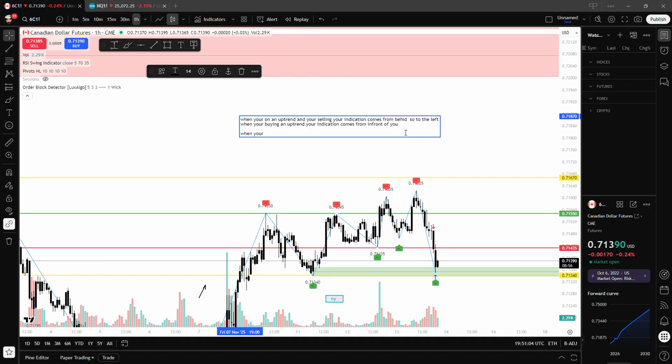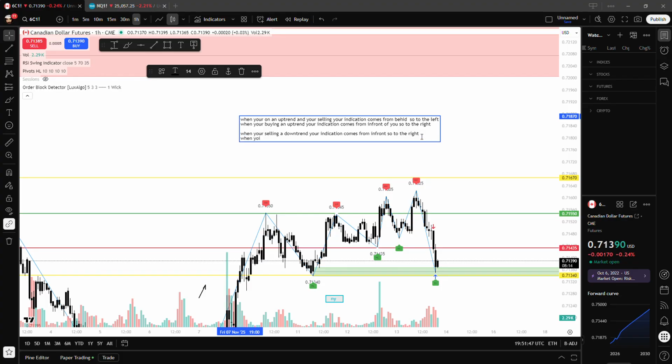When you're selling a downtrend, your indication comes from in front, so to the right.